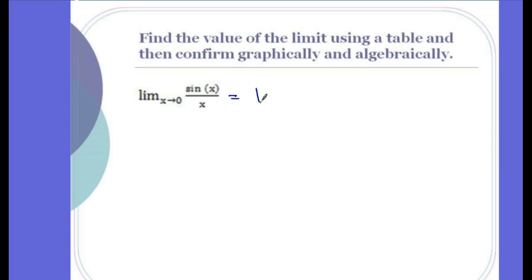So in order to look at something like this algebraically, we have to be able to come up with a way to get x out of the denominator. And this isn't something like we could do with factoring where we can cancel them, right? So in order to solve something like sine x over x algebraically, we need what's on the next page of your notes, which is called the sandwich theorem.